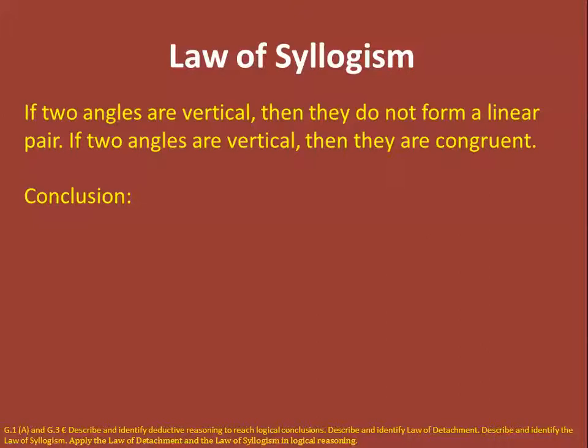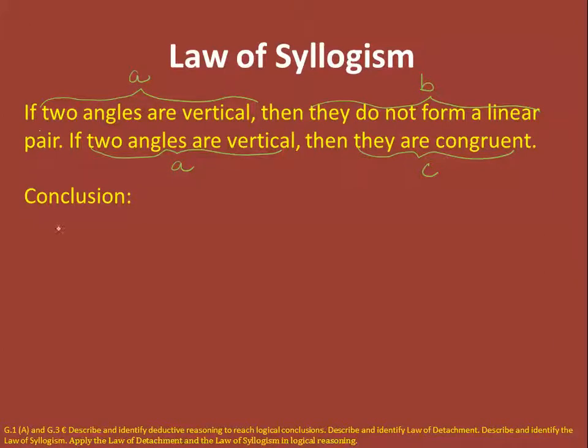All right, if you need a little bit more time, please go ahead and press the pause button. The first phrase, A, is: if two angles are vertical. Then they do not form a linear pair is B. Then they are congruent is C.